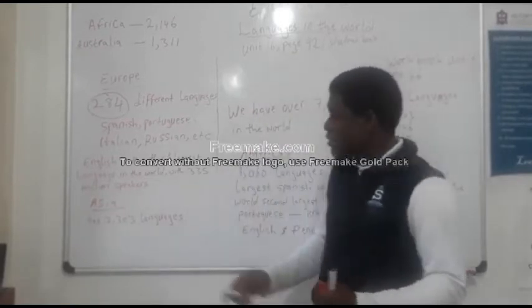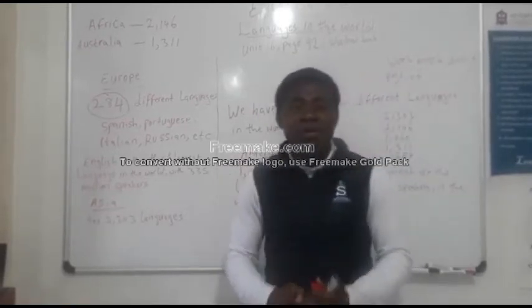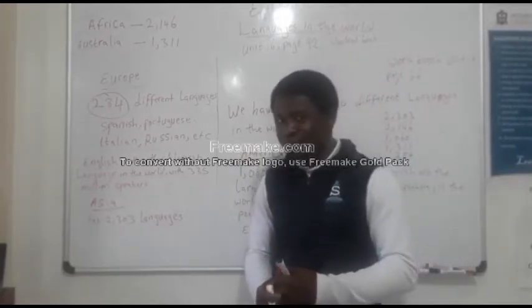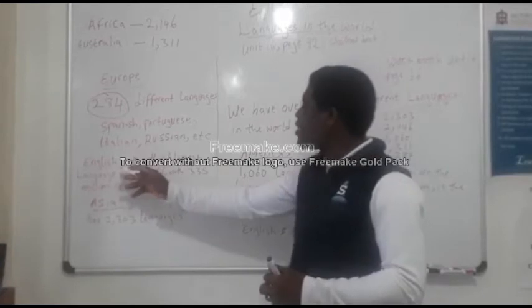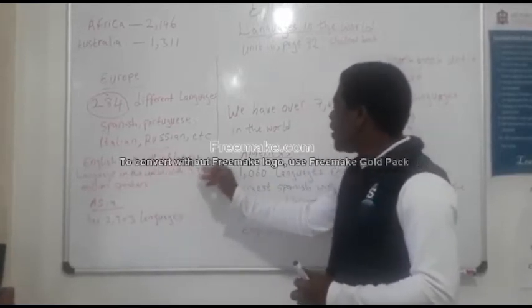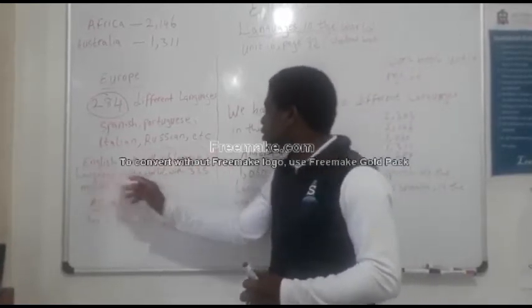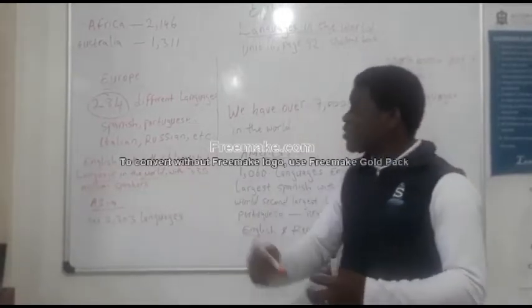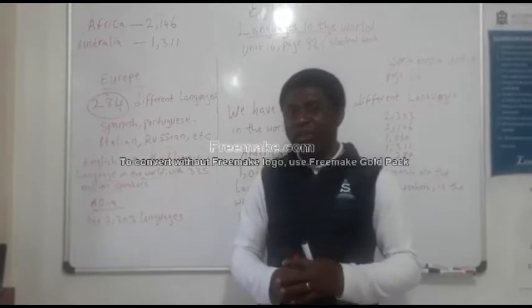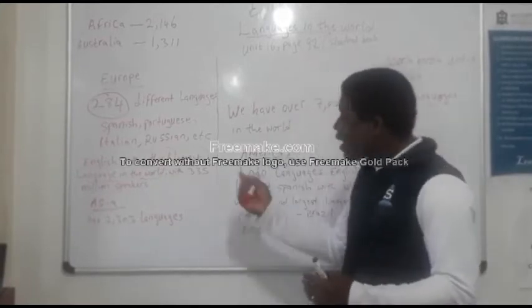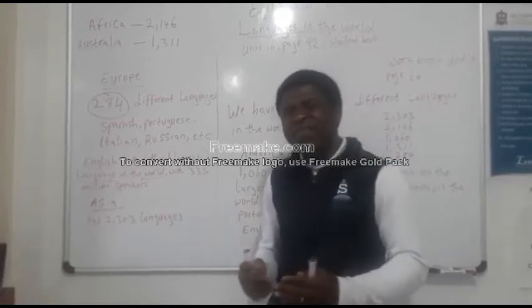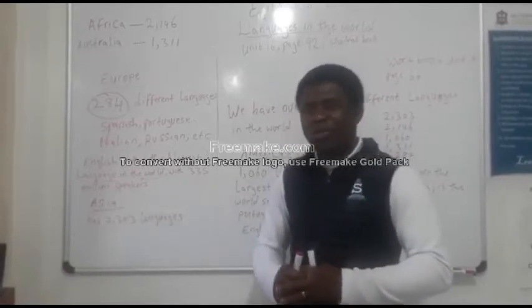Now, in English, according to the record of your student book in Unit 16, page 92, English is the 3rd largest language in the world. And with 335 million speakers.